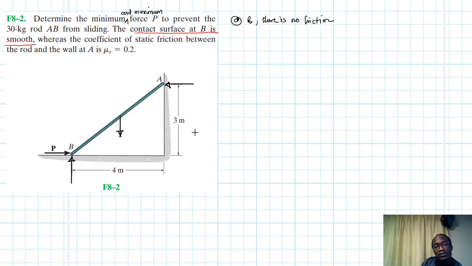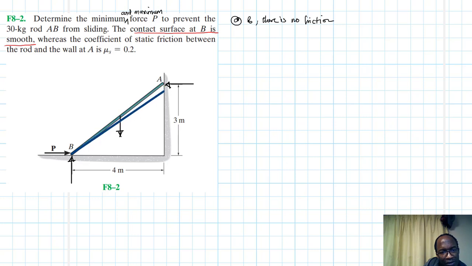Let's look at this rod. For us to get the minimum, what do you think the direction of our friction is supposed to be? We are assuming this rod tends to move against the wall in this direction.